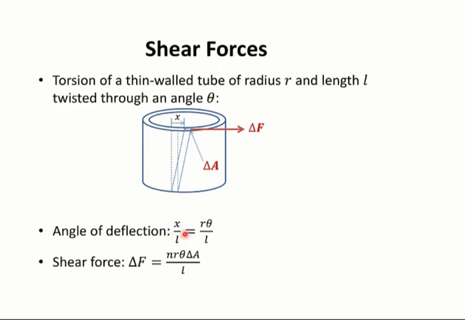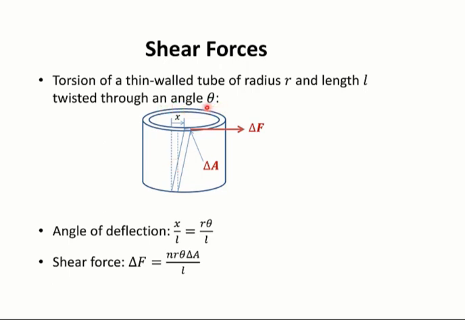So this is the displacement x, and if this length is L, then this is the angle of deflection, which we can also write as r theta divided by L, where r is the radius of this tube and theta is this angle, which we also call the twisting angle.